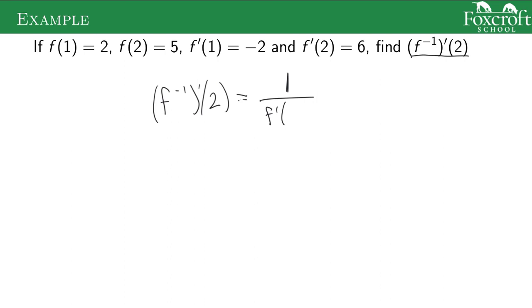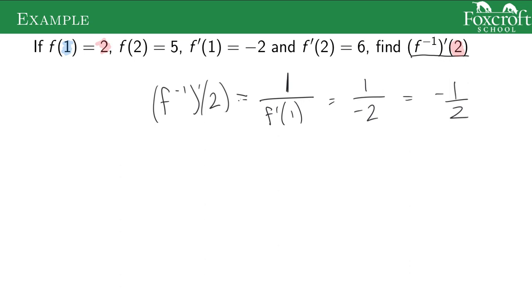If I'm plugging 2 into my inverse, that means I'm getting out 2 from my original, which means for my original function, I'm actually plugging in 1. So this is going to be f prime of 1, which is 1 over -2. Your final answer is -1/2.